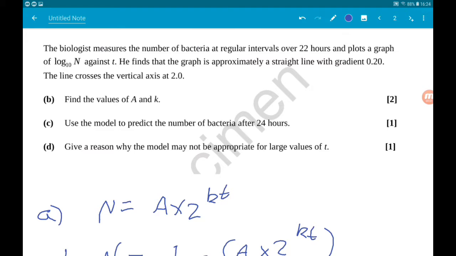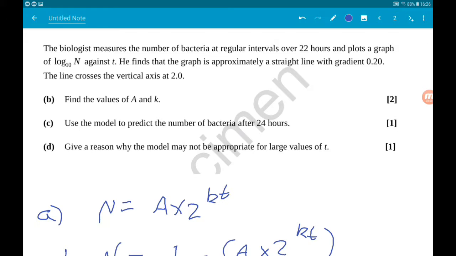Next up, the biologist measures the number of bacteria at regular intervals over 22 hours and plots a graph of log n against t. He finds that the graph is approximately a straight line with gradient of 0.2, and the line crosses the vertical axis at 2. Part B wants us to find the values of a and k.